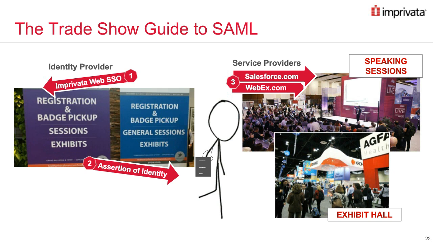The only difference is that because there is no agent on that home computer, and we're talking here about a true home computer, something that is not owned by the institution, not a laptop that you carry home that has our agent on it, all that's going to happen is when you go to that service provider and it redirects you to get your assertion of identity, you're then just going to have to log in using username, password, and if desired, the second factor of the Confirm ID for remote access token.